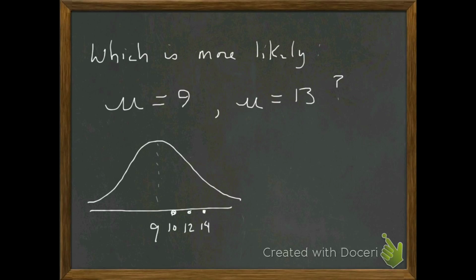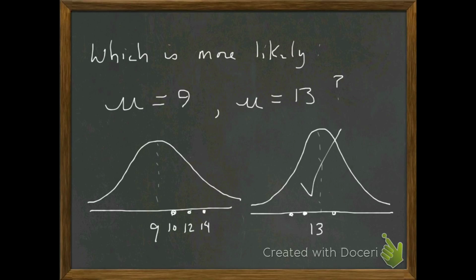Certainly could happen. And if we have a normal distribution with a mean of 13, where the variance is 25, we have 10 and 12 and 14. Guys, you have to agree with me that just based on probability, based on likelihood, this distribution right here was more likely. So that's going to be my bet.